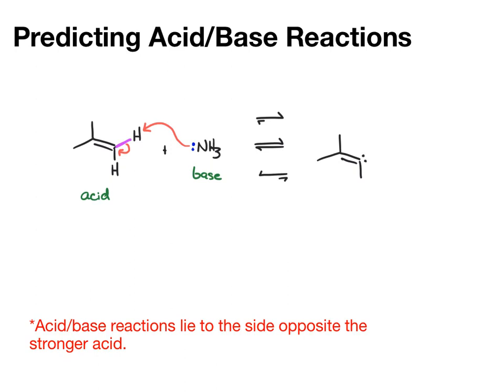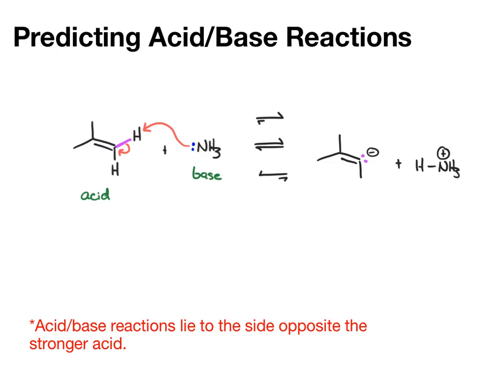So we end up with a lone pair here and a negative charge. Plus now we have a hydrogen attached to the NH3. 4 bonds on nitrogen gets a positive charge. We do have charge balance, so net neutral on the left, positive and a negative, net neutral on the right.